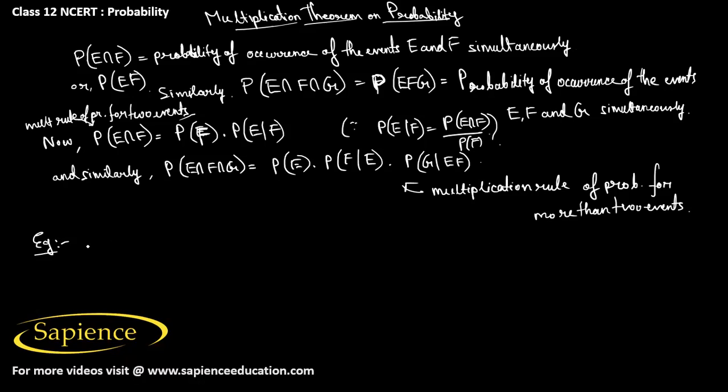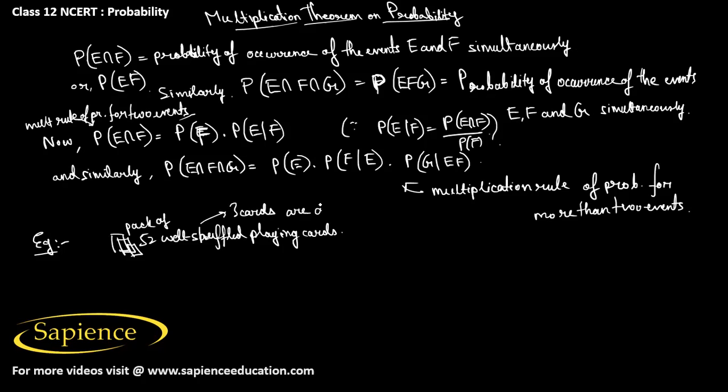Let's say we have a pack of 52 well shuffled playing cards, and from this pack, three cards are drawn at random.